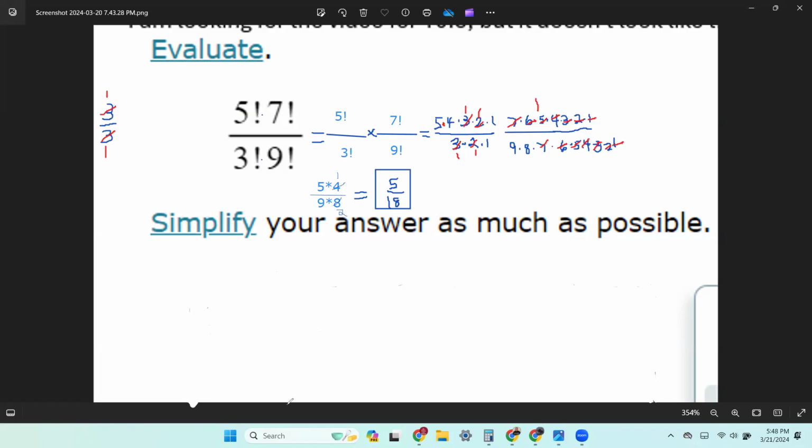All right. So here's the one I'm going to put. Same instructions to evaluate.